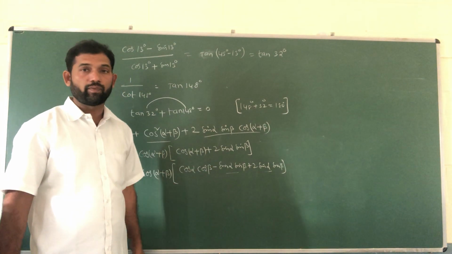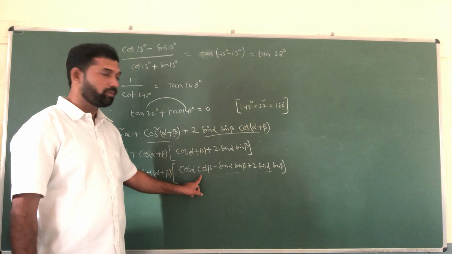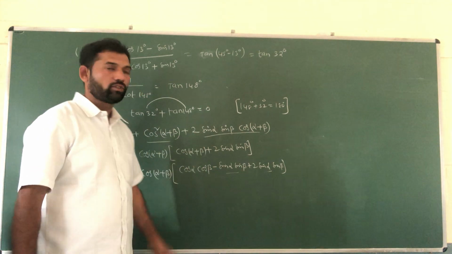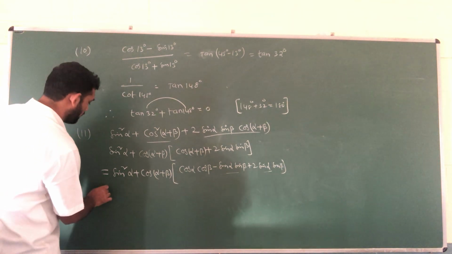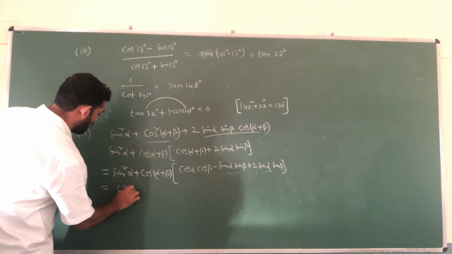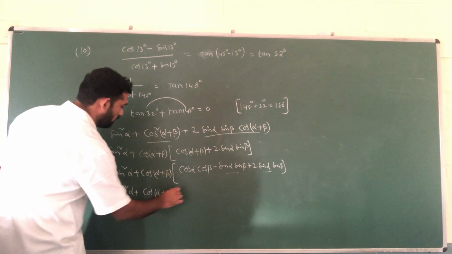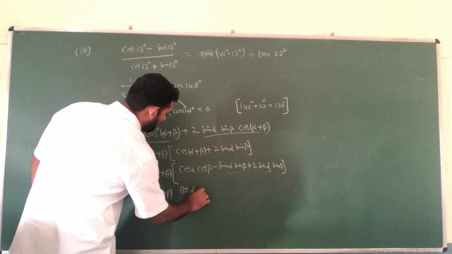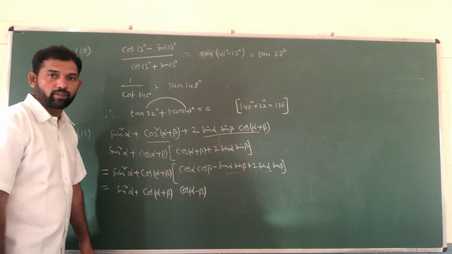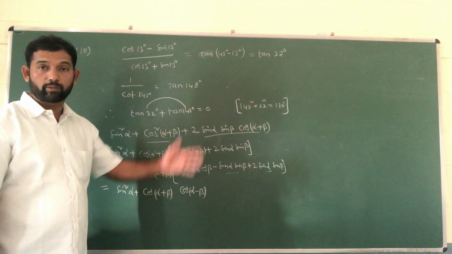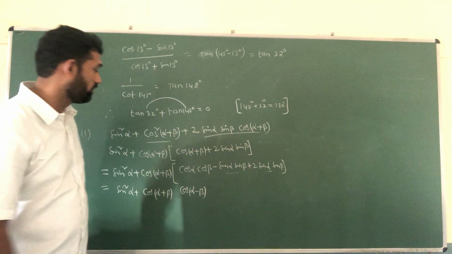So again you apply the formula: cos alpha cos beta plus sin alpha sin beta, these two are simplified. This is cos alpha minus beta. So the bracket value is simplified, and cos alpha plus beta into cos alpha minus beta is given in the synopsis points.